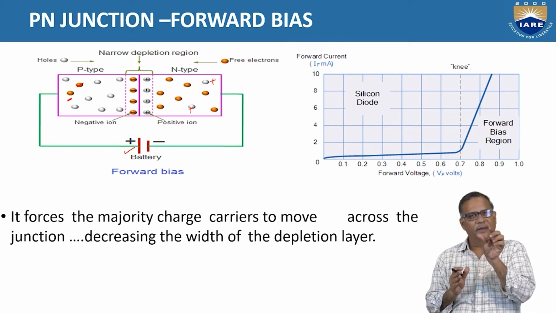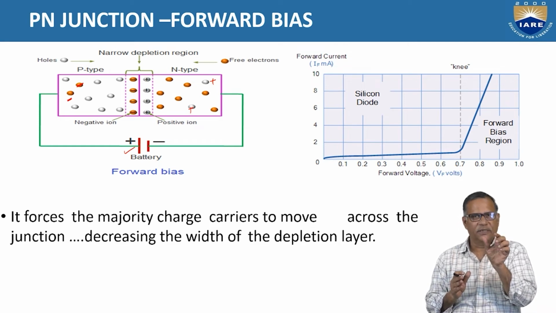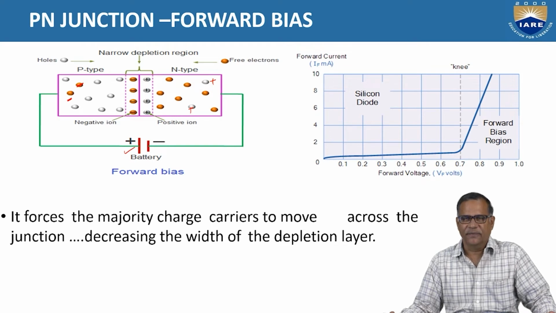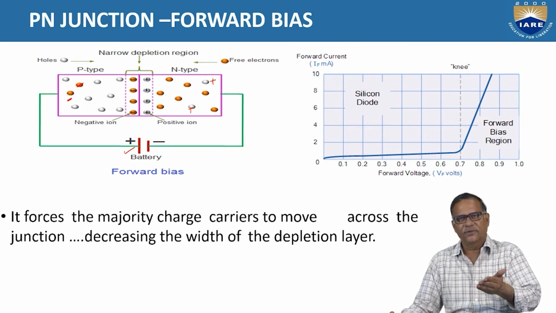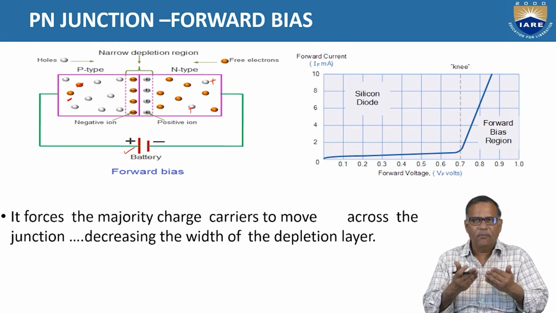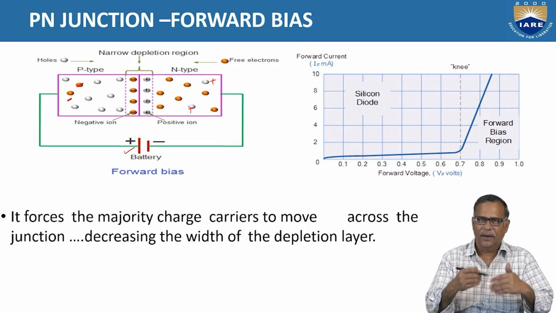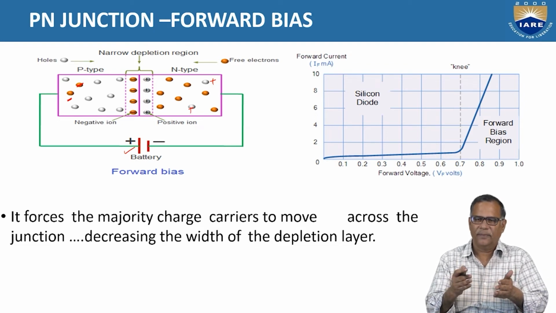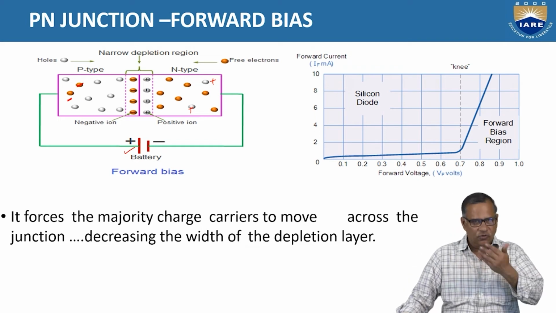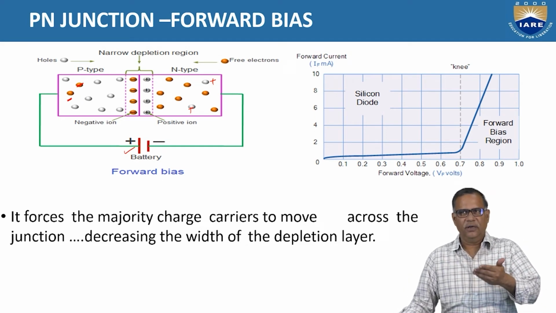When the width reduces at the junction, naturally the barrier potential is reduced. When the barrier potential is reduced, you are going to have more and more current. So if you increase the forward voltage or the battery voltage more and more, you are going to have more and more current through the diode.